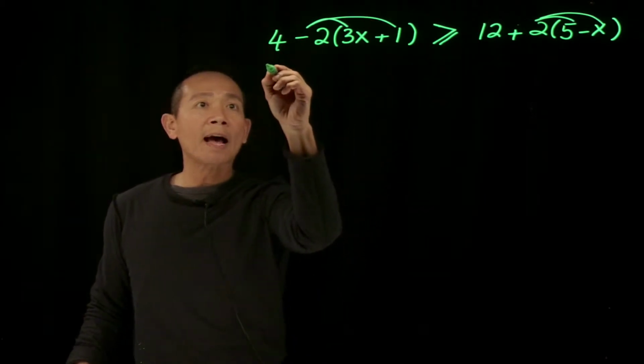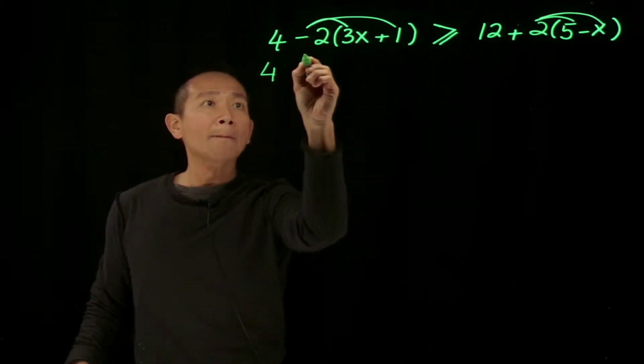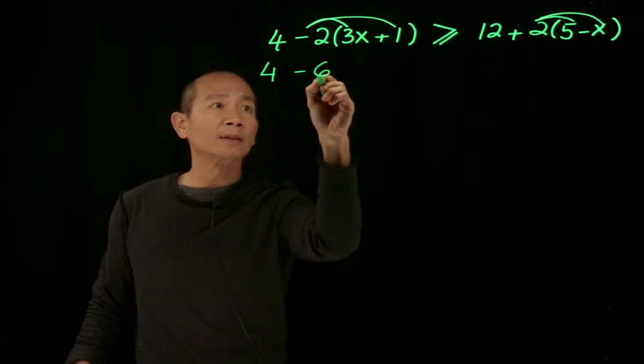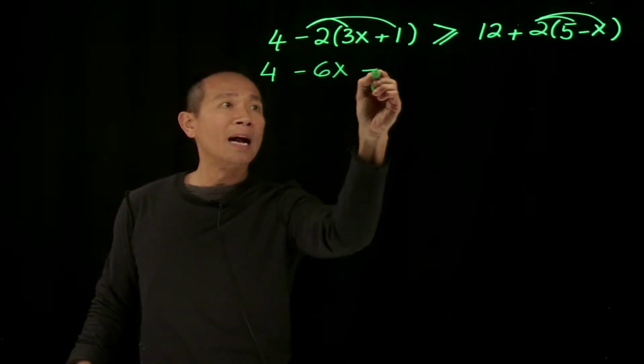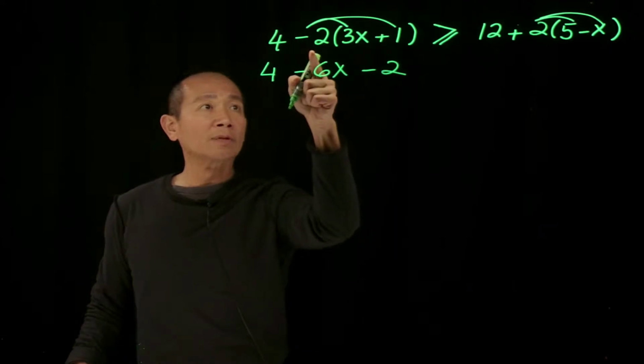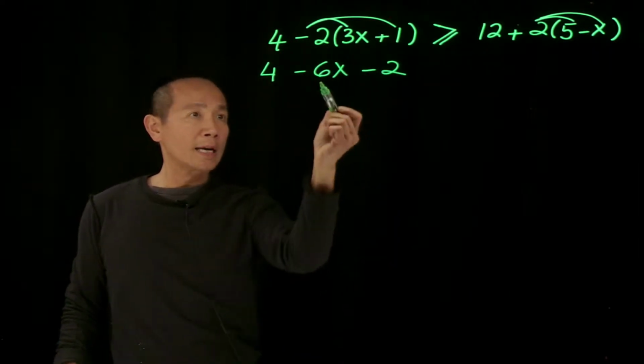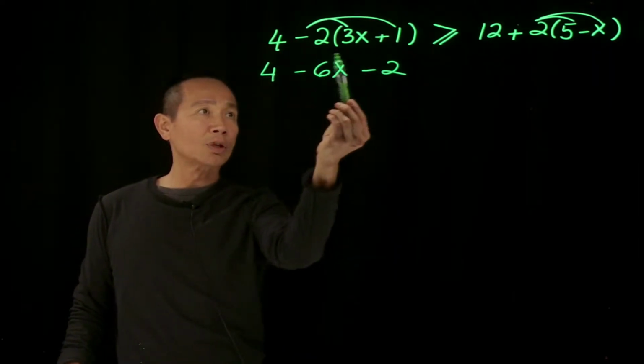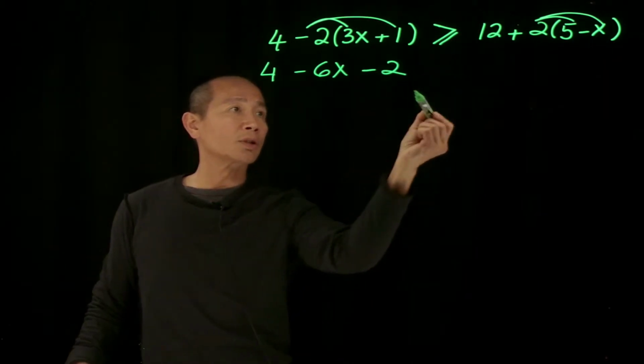So the next step, I have 4 minus 6x minus 2: -2 times 3x is -6x, and -2 times 1 is -2.